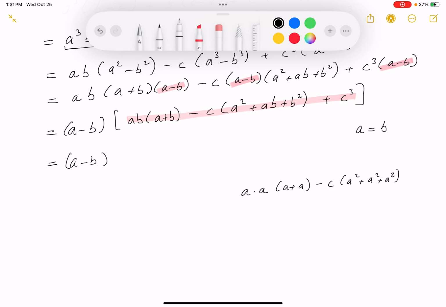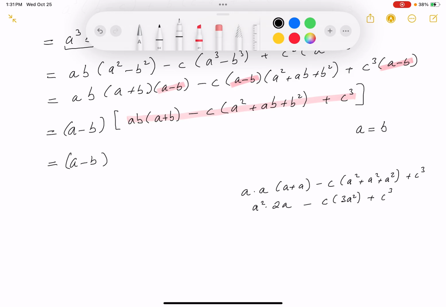So I'm taking everything and trying to rewrite it into something I can figure out, plus C cubed. So what does it give me? It gives me A squared times 2A, I'll go slow with this, minus C times 3A squared, and this would be plus C cubed.